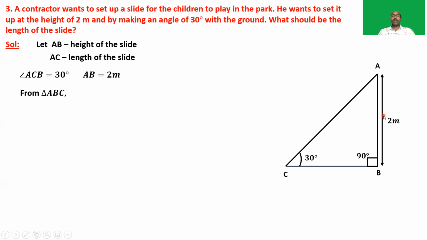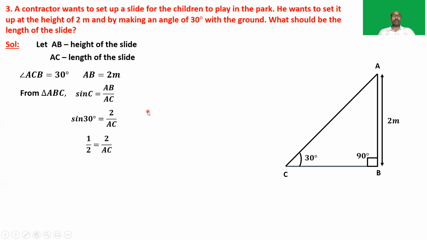So the trigonometric ratio relating these two is sine. Sine C is equal to opposite by hypotenuse, that is AB by AC. Here the angle C is 30 degrees and AB is 2 meters. So sine 30 degrees is equal to 2 by AC. And we know that the value of sine 30 degrees is 1 by 2.